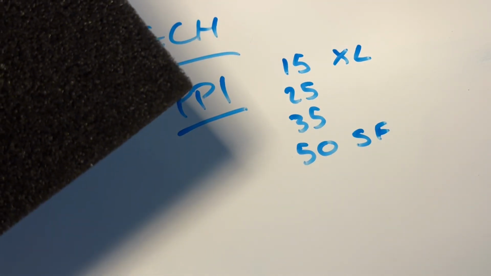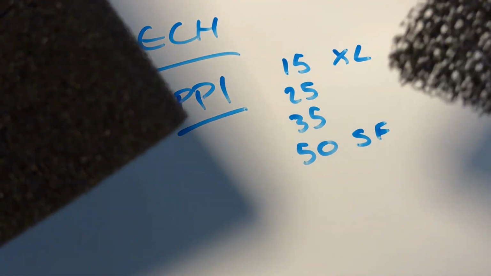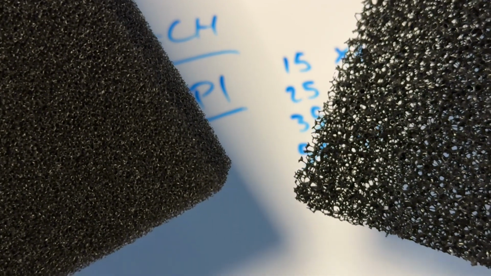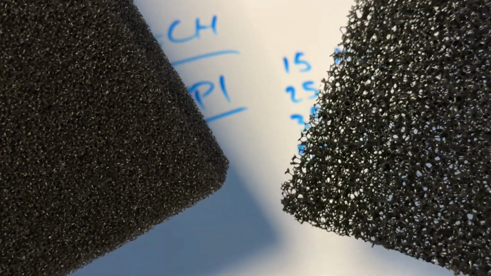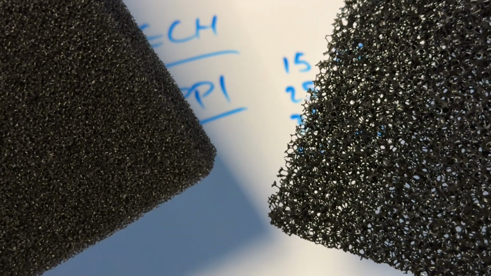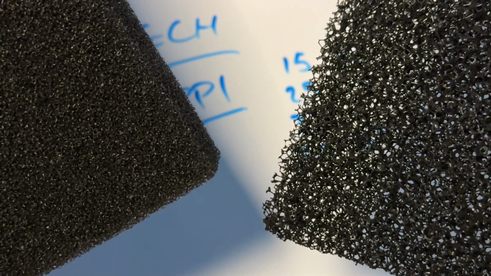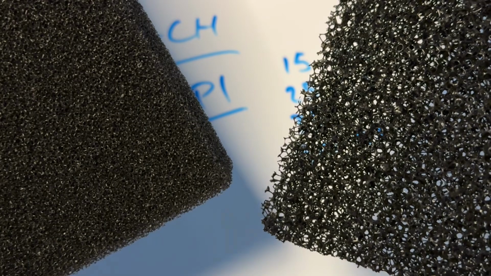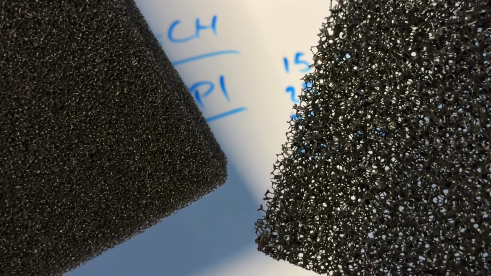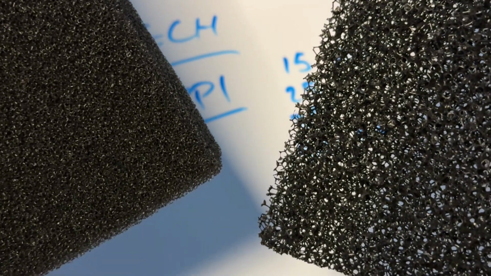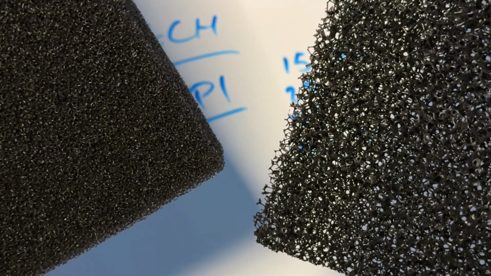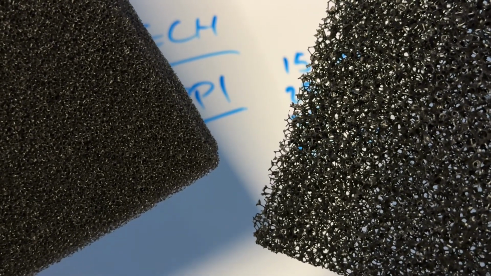This is 35. This is 15 because it's the amount of holes over a square inch. Now, if you cram more of any given foam into that given area, you increase the number.